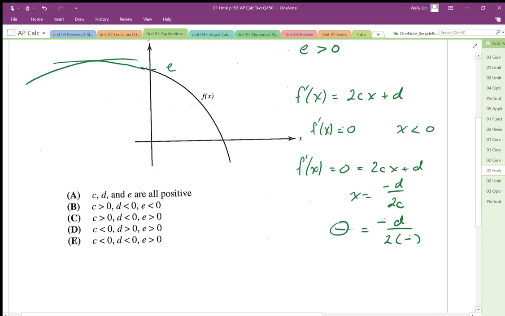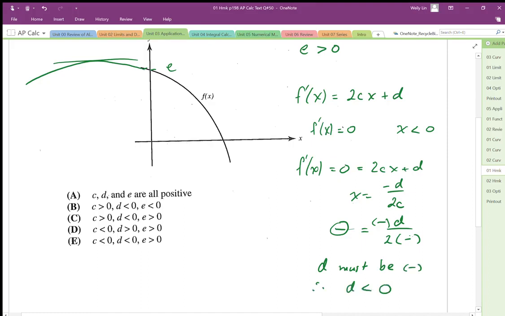Well, we have 1, 2, so d must be negative. By sign analysis, we know that d must be negative for this to work. Therefore, d must be less than 0.